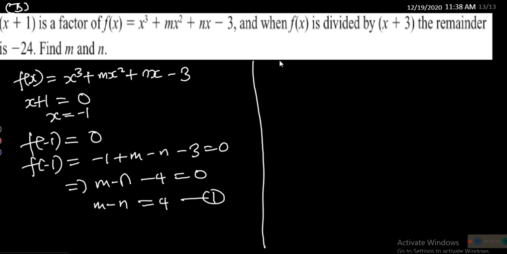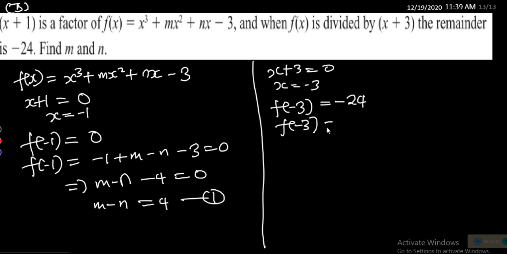Then equation 2. The second part of the statement says when f of x is divided by x plus 3, the remainder is minus 24. So x plus 3 equals 0, x equals minus 3. So f of minus 3 equals minus 24. That is f of minus 3 equals minus 27 plus 9m minus 3n minus 3 equals minus 24.